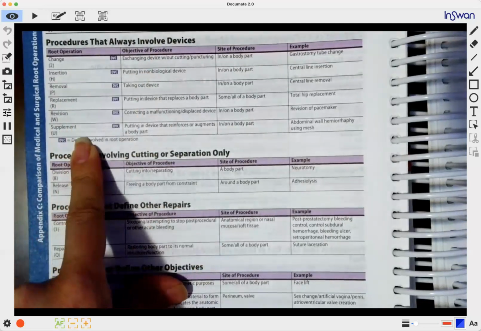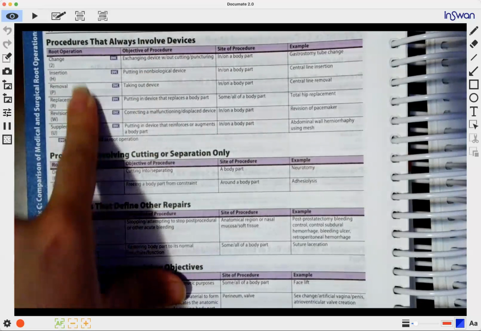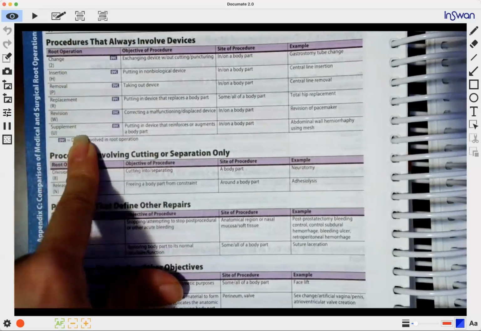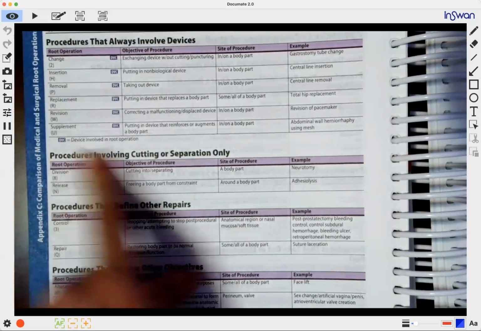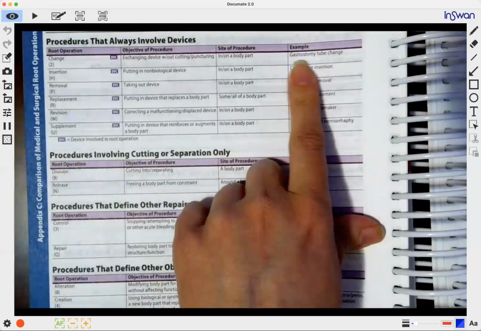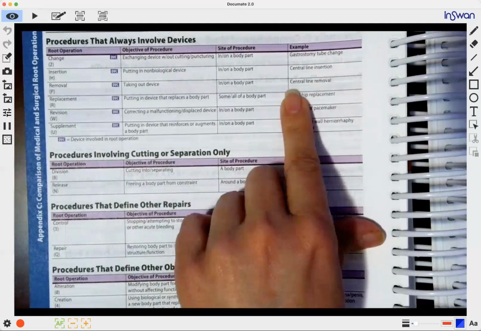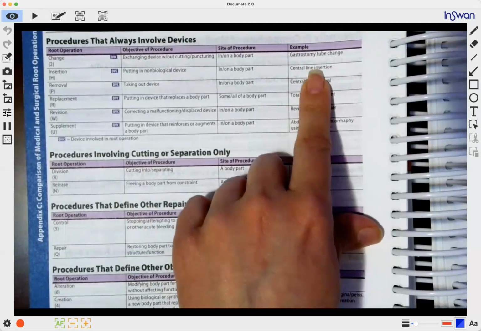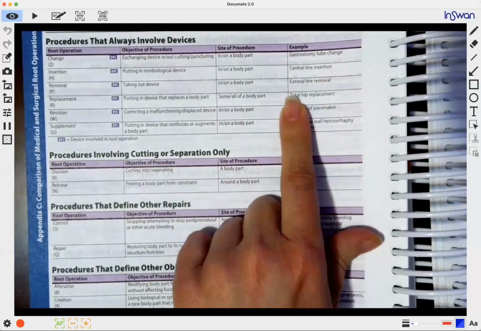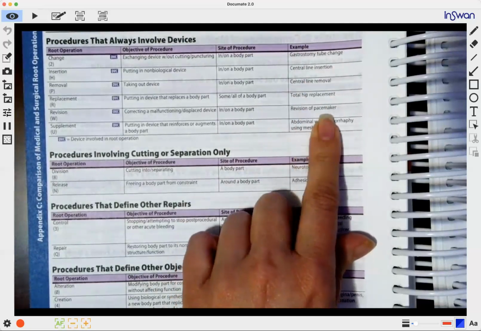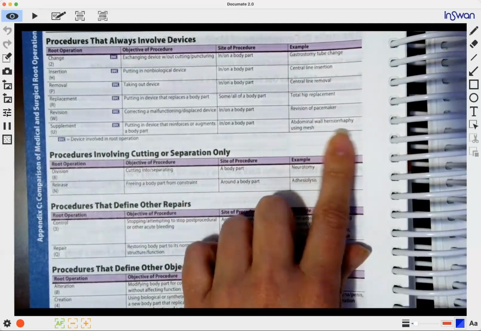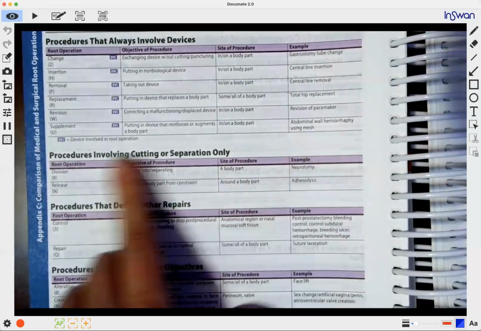So if a device is not involved, you should not be using any of these root operations. And then here we have your examples: gastrostomy, tube change, central line insertion, central line removal. So insertion, removal, a total hip replacement, a revision of a pacemaker, abdominal wall herniorrhaphy using mesh. So the mesh is the supplement.